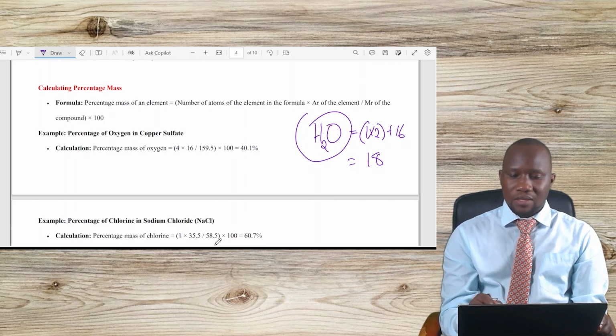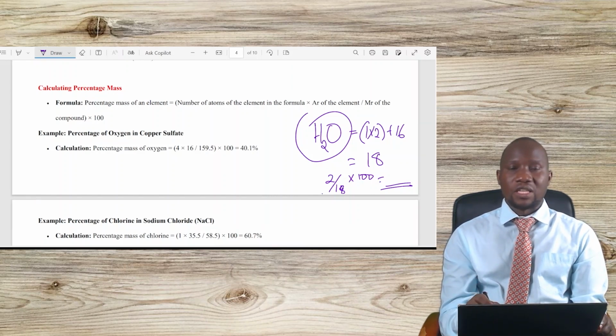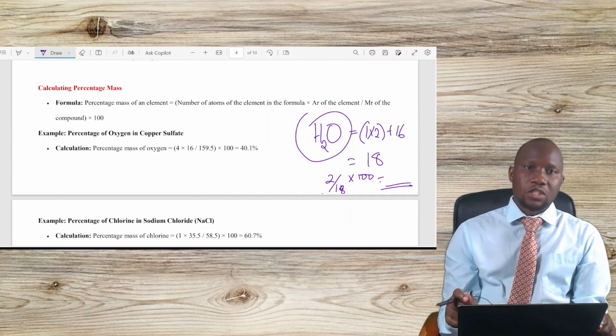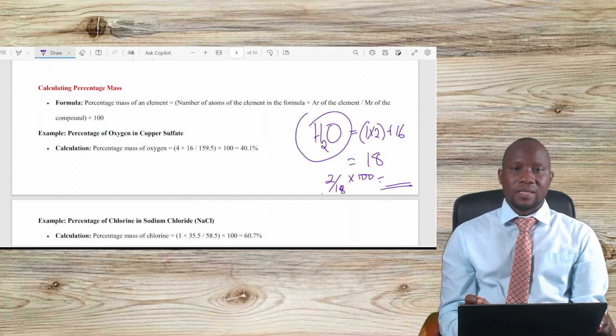So in this water, the hydrogen is basically 2 out of the 18. So that means you can convert this into a percentage. So the percentage that you get is the percentage mass of hydrogen in the molecule of water. So this is what this concept is all about, calculating the percentage mass.